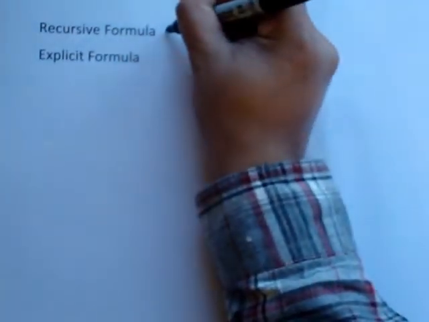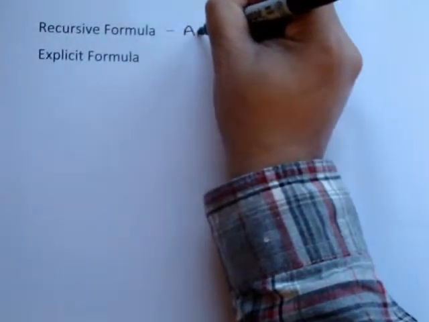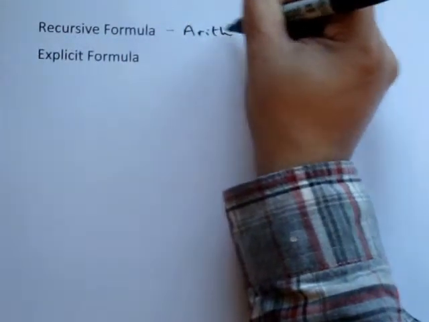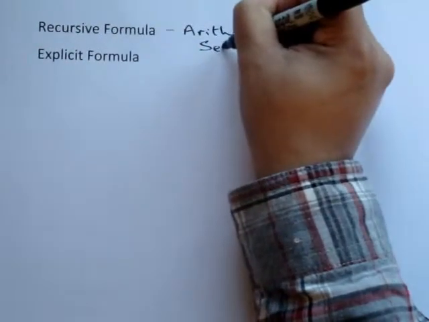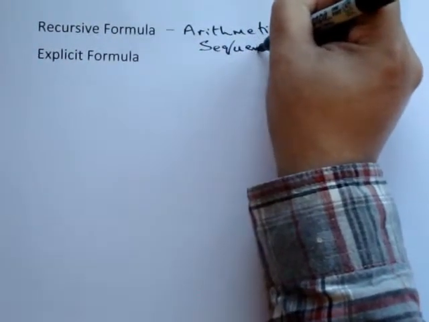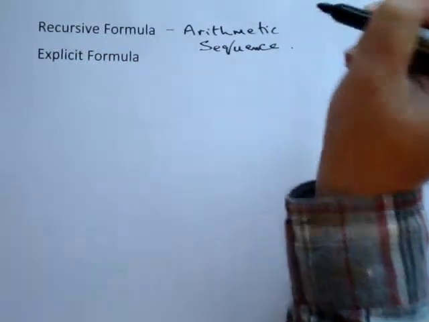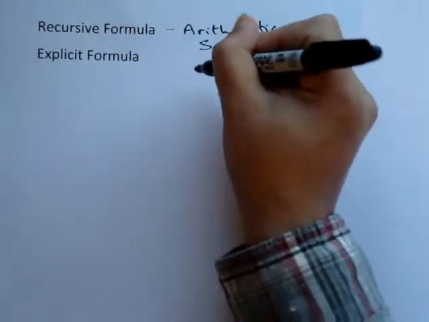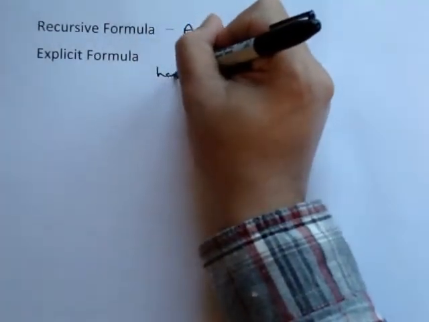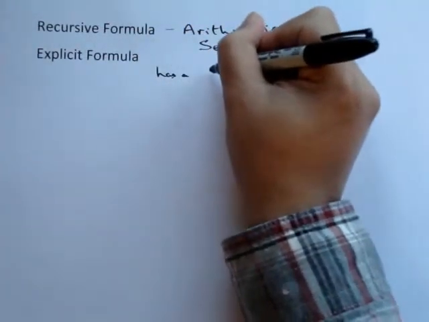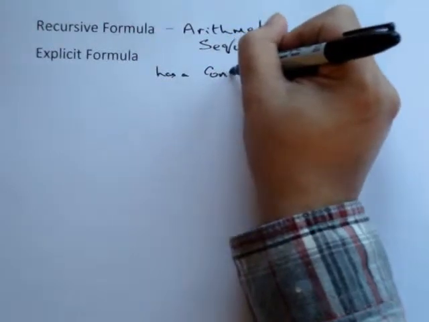If we have a look at a recursive formula and the explicit formula, a recursive formula is for an arithmetic sequence, and the sequence, obviously because it's arithmetic, has a constant difference.